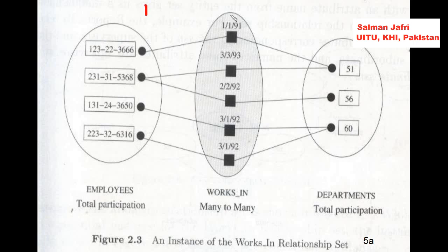So we can write 1-to-many. Now let's look at it from the department side to the employee side. What is the relationship? Again 1-to-many, so we write 1-to-many. Combining those, we have a many-to-many relationship. Hence works in has a many-to-many relationship between employees and departments.